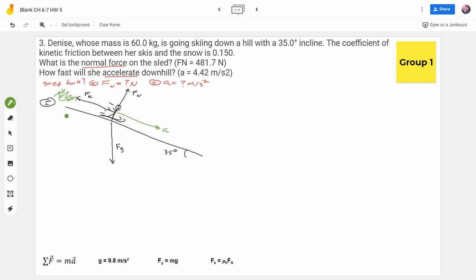So the trick to doing this kind of problem is get rid of this coordinate system and rotate it. So you want a coordinate system where new x is going down parallel to the slope of the hill, and new y is perpendicular to that. So that is still a right angle, and this is new y. That is our new coordinate system.